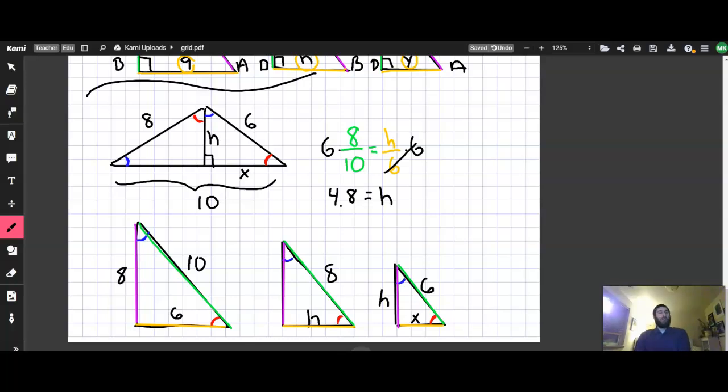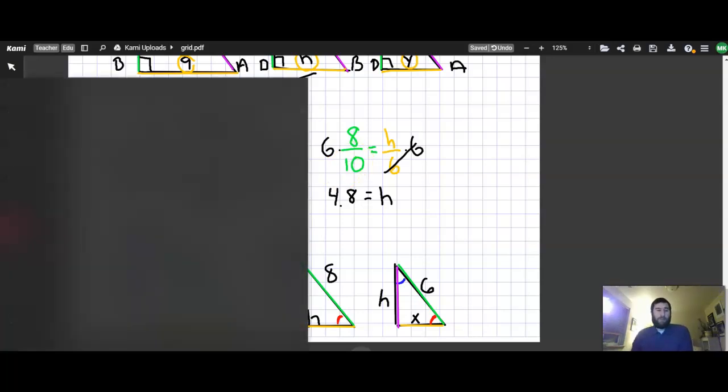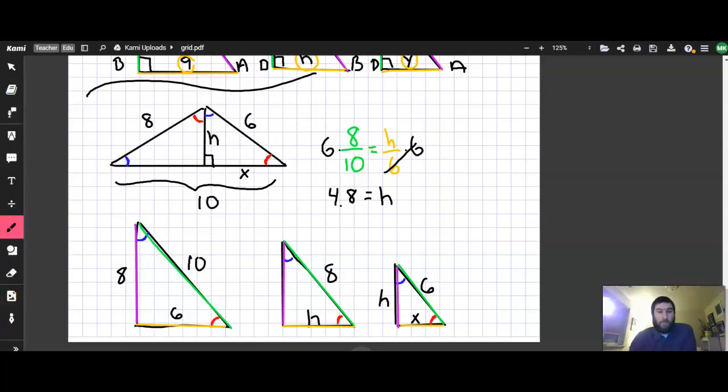Generally, though, we're going to ask you to have whole numbers or fractions. And so the answer you get from that is 24 fifths.